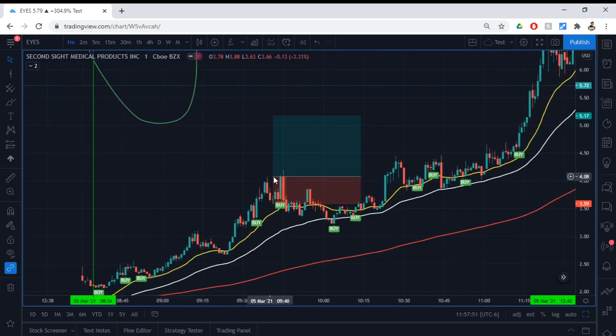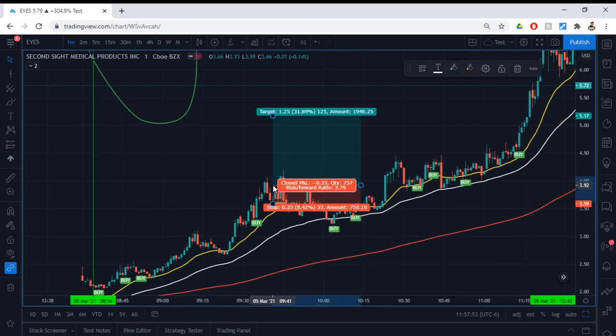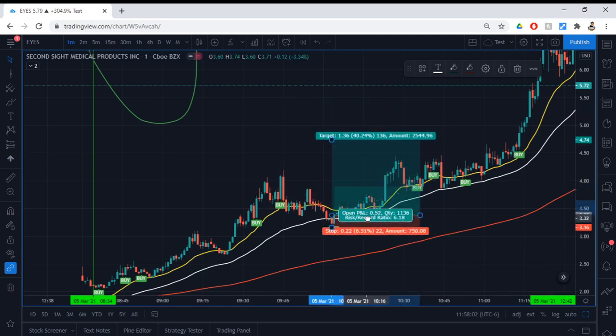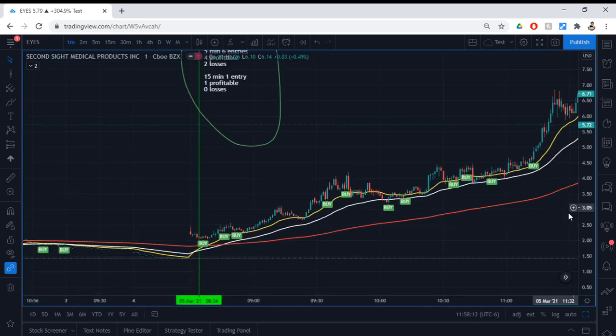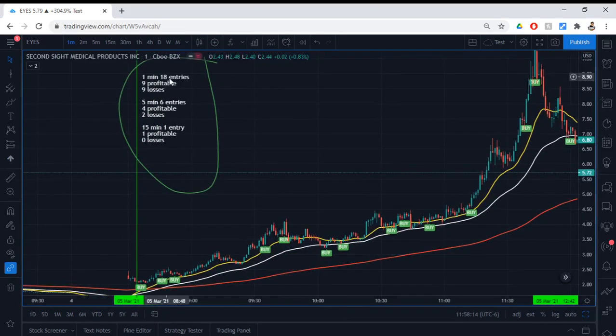Or maybe you want to put a limit order halfway down to reduce the risk, and just wait for the next one that has a tighter stop loss so that you don't risk as much. You have on the 1 minute essentially 18 of them to choose from, with a 50-50 chance.